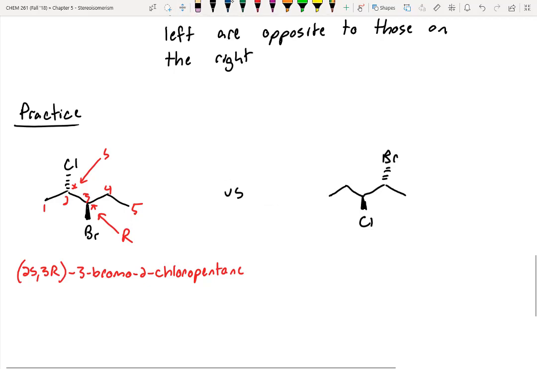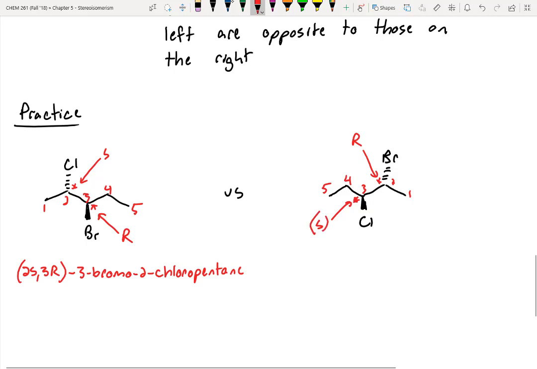All right, the second compound, should I number going left to right or right to left? Right to left. So I go 1, 2, 3, 4, 5. All right, we've got a stereocenter for the bromine. Would that be R or S? R. All right, what about this one? S?